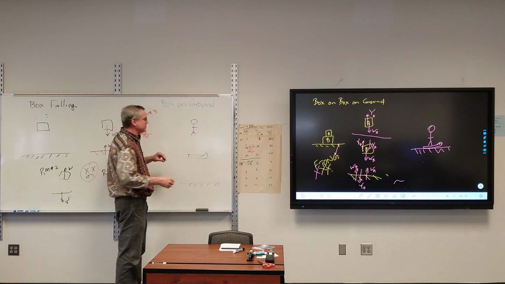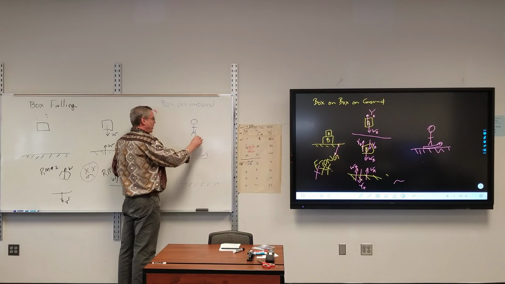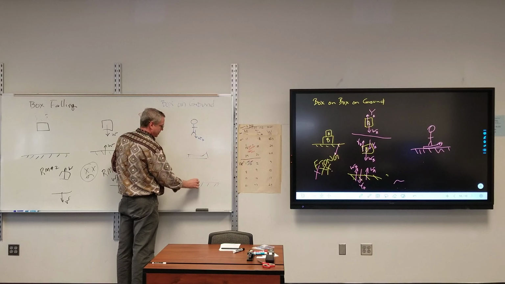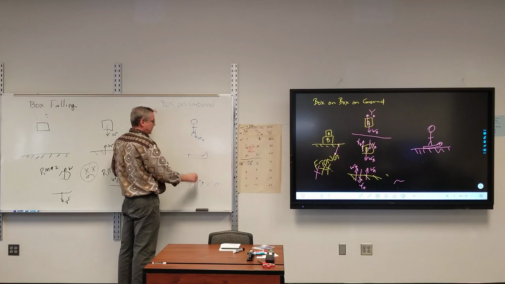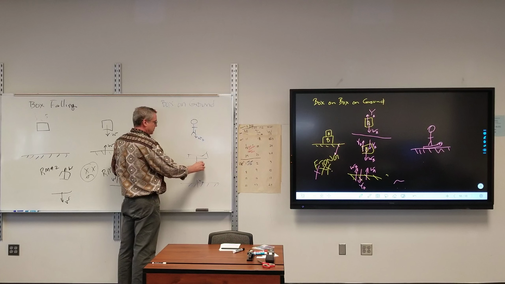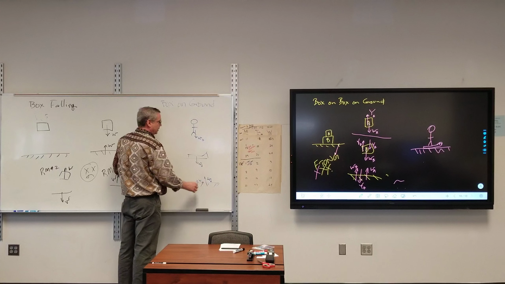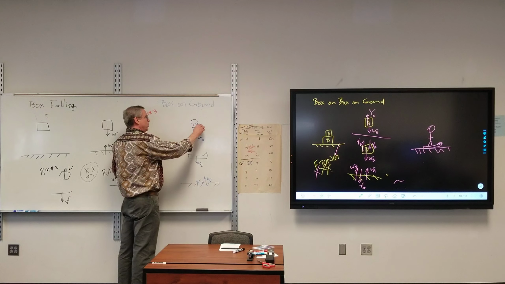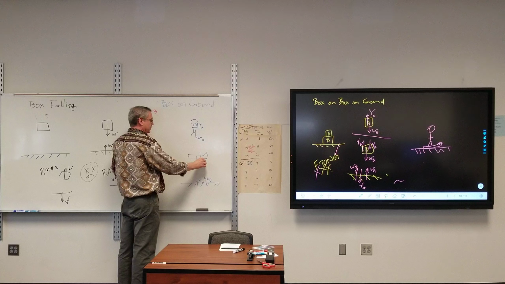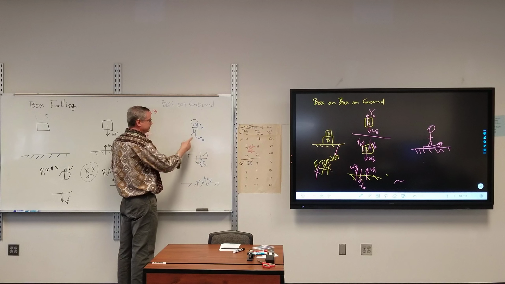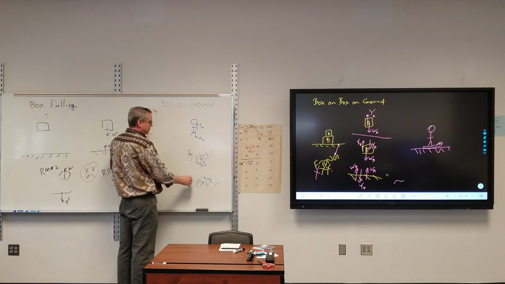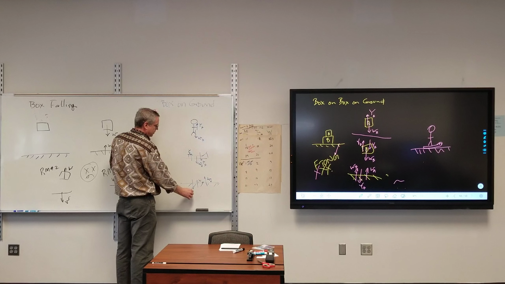I'm going to change subscripts, but I got a person here, so I got weight of person, weight of scale, normal force acting on person, or from person acting on scale, and then there's this normal force up on scale and normal force on earth.